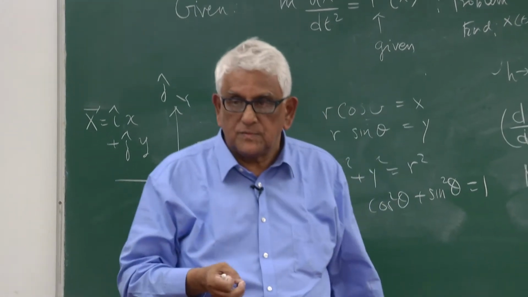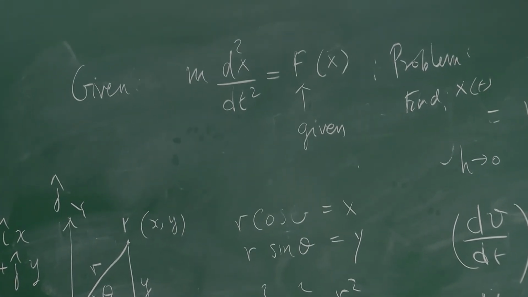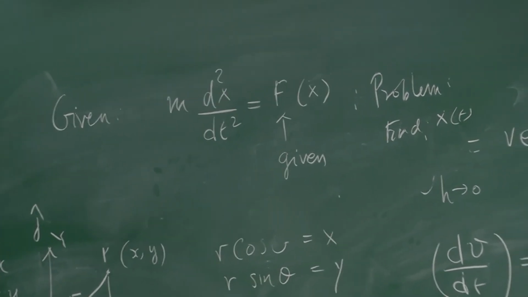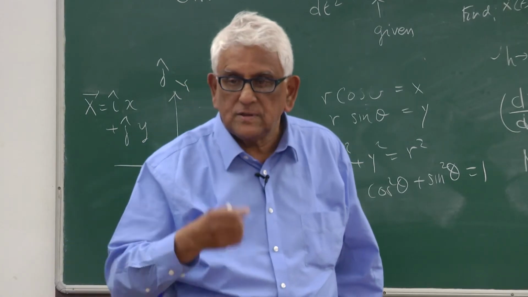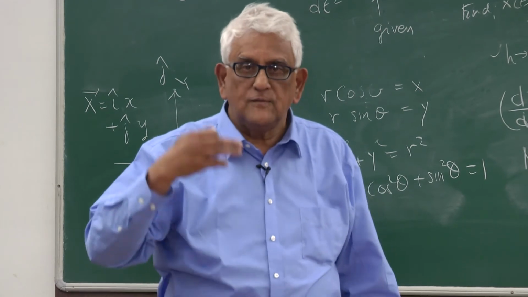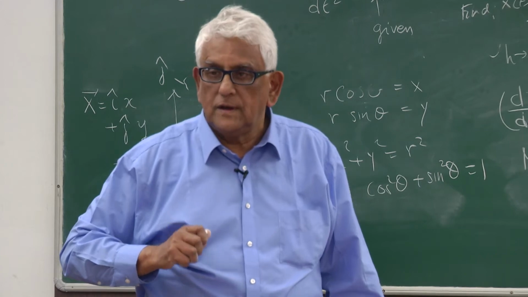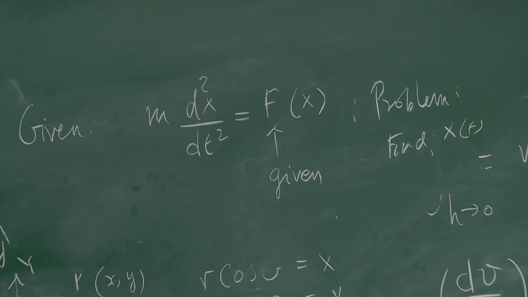So that's the problem: if you're given the law, the solution means you predict the future. You're given some boundary condition and the system is so tight, it will tell you forever and forever exactly where the particle will go. It's an astonishing idea, right?